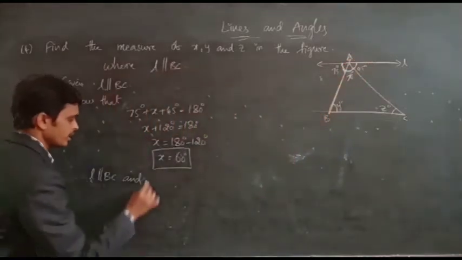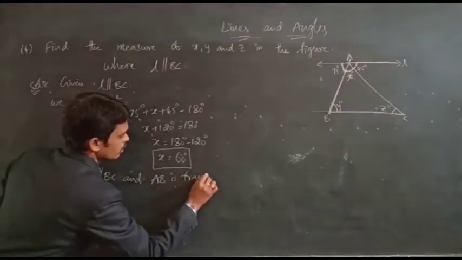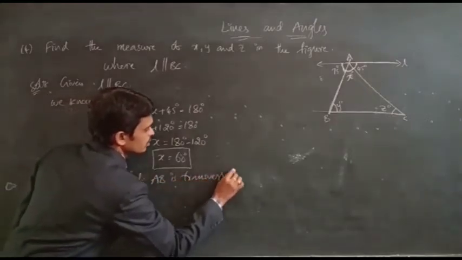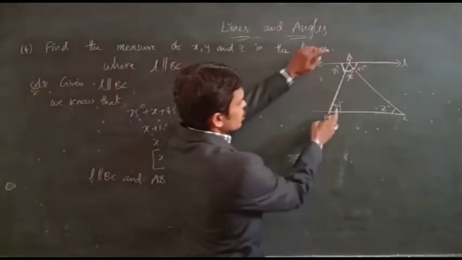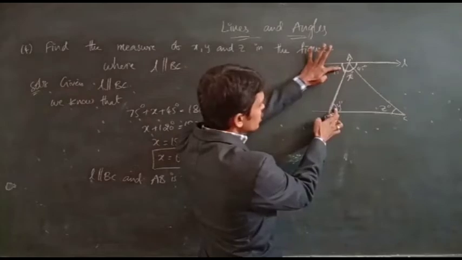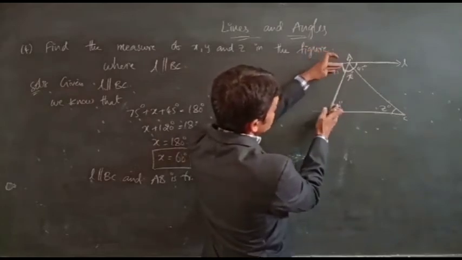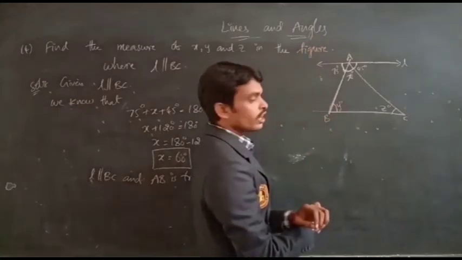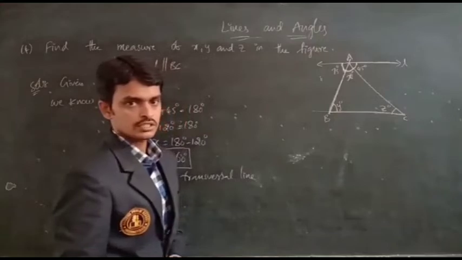So both are parallel, and I am taking AB as a transversal line. Can you imagine this? Which type of angles? Yes, both are interior and on either side of the transversal line. Then they are called interior alternate angles.